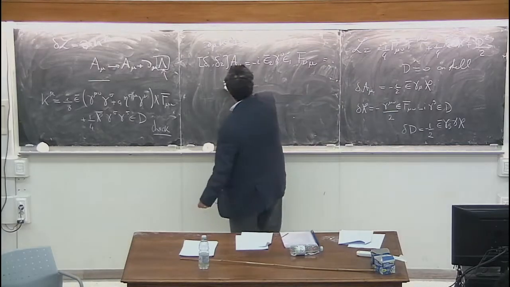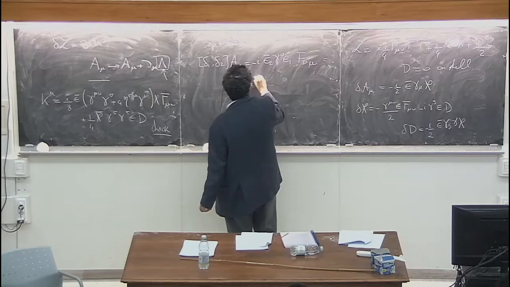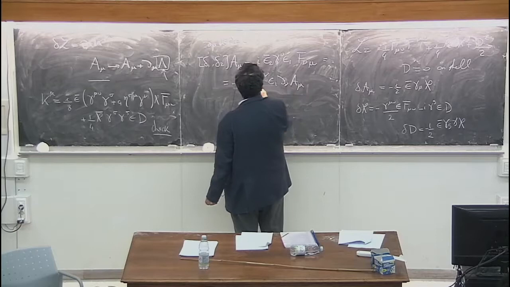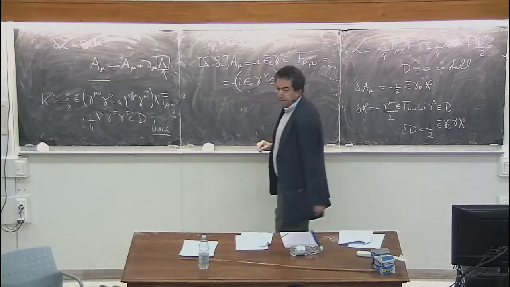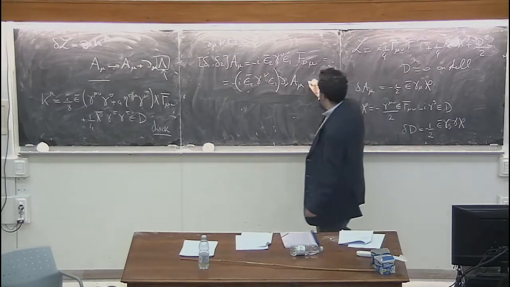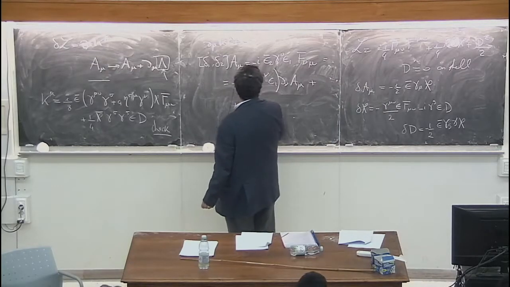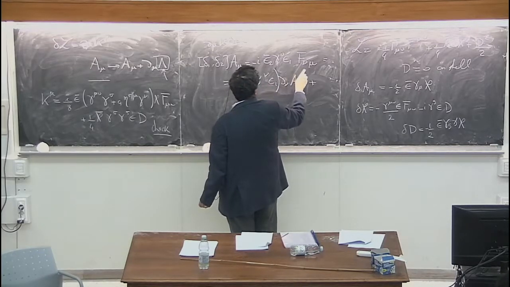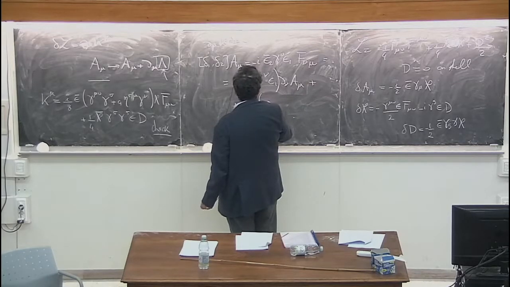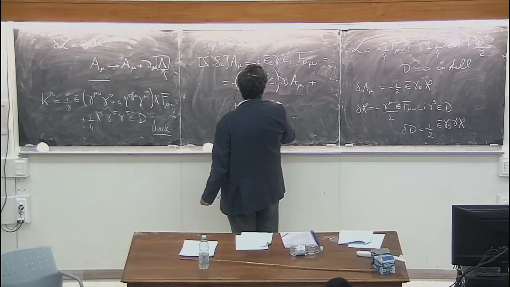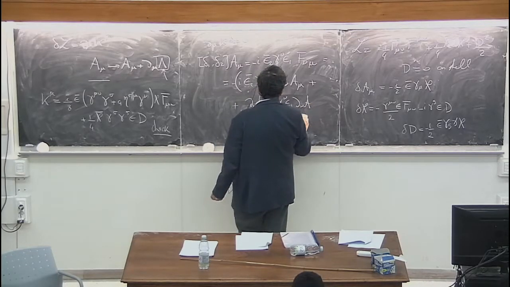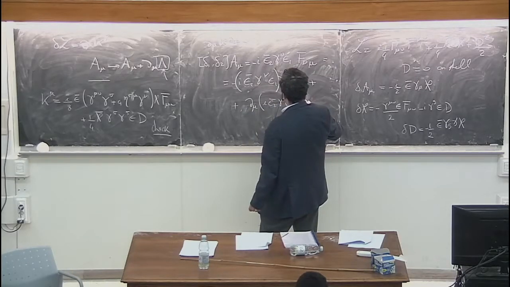Now, this is just in part the closure we would expect. In part, this is d mu times i epsilon 2 bar gamma nu epsilon 1 d nu A, sorry, d A nu.